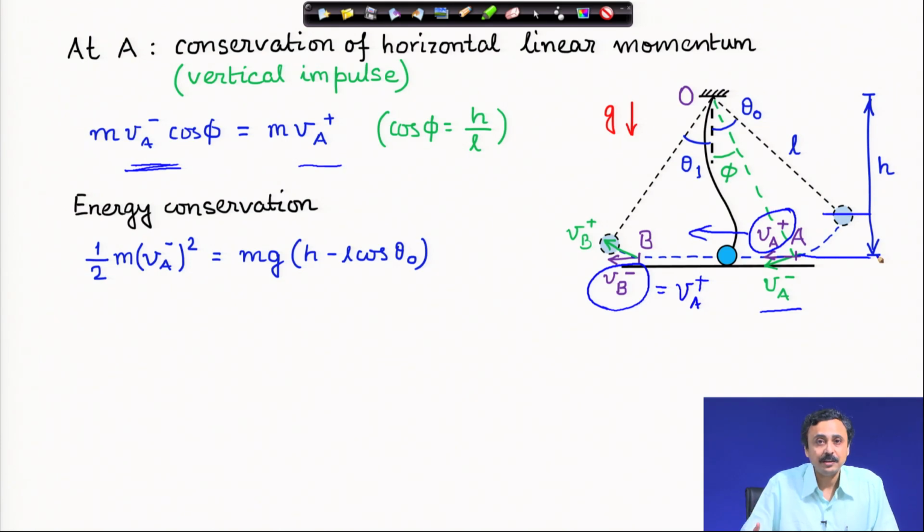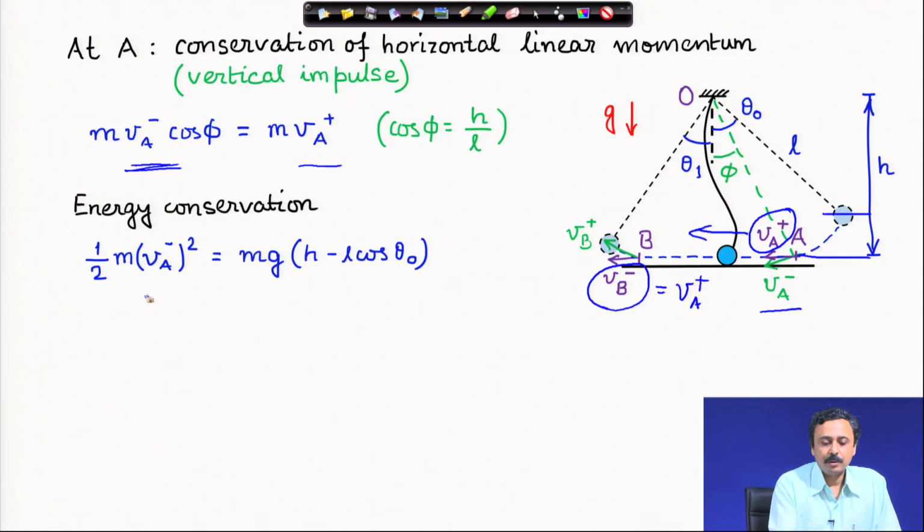Tension is definitely there, but tension is perpendicular to the direction of motion. Therefore, the tension force of the string will not do any work. This is an example where a force perpendicular to the path does not do any work. Therefore, the total mechanical energy will be conserved.